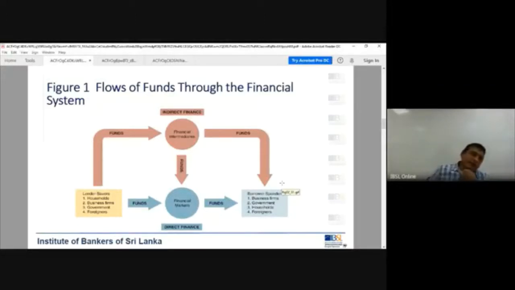One might bring 1 million, another one bring 1,000, another one bring 1,00,000, another one bring multi-million, and another one bring billions. Many people bring different levels of assets, savings, and park their savings in the financial intermediary, let's say a bank. So this bank pools all that and then goes to the spenders or the borrowers, business firms, government, households, even foreigners.